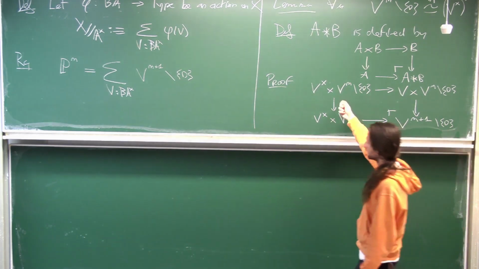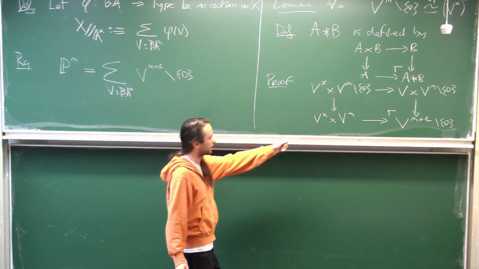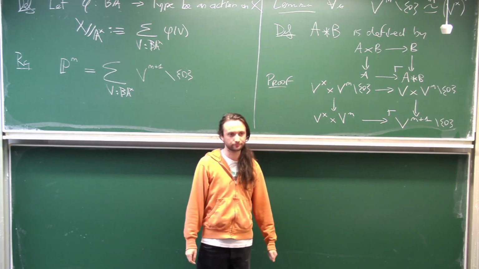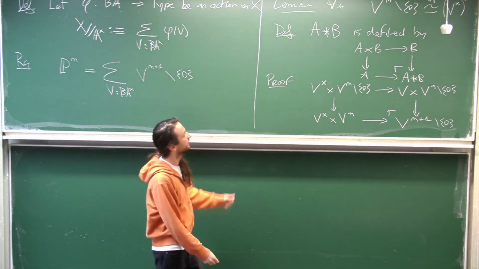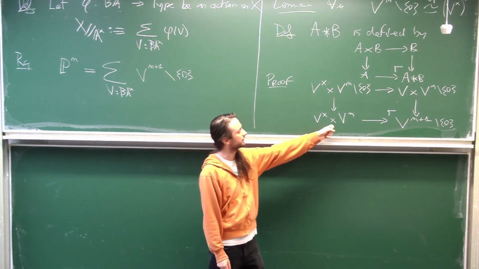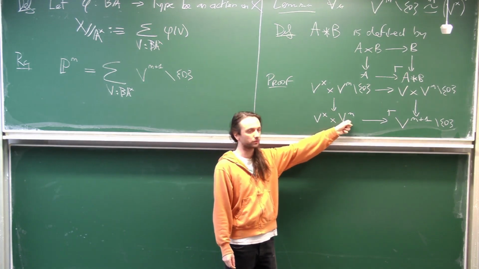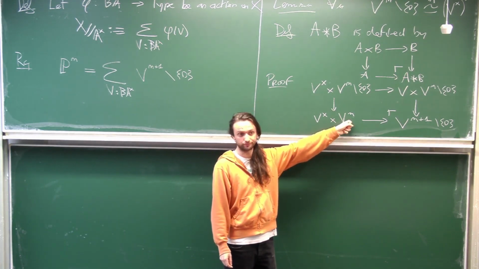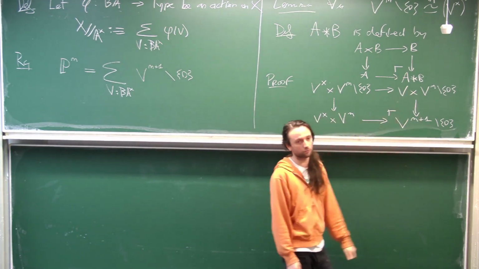Okay, so now what happens if we apply the A1 shape everywhere? Well, this Vn here will be sent to 0. This V as well.